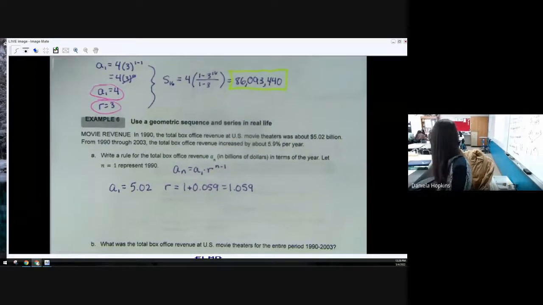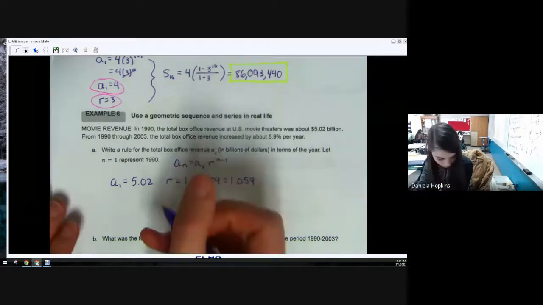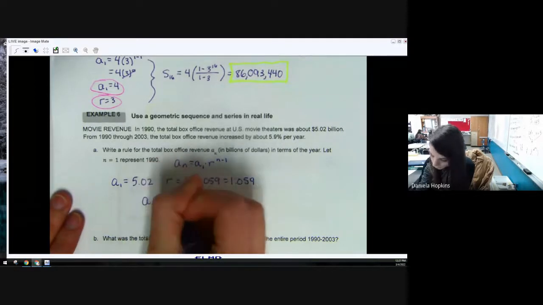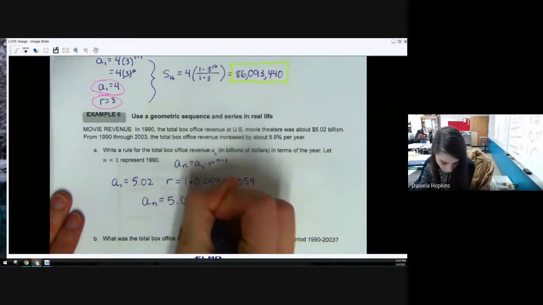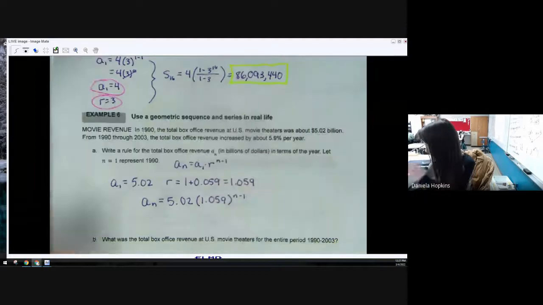This is going to be our growth formula. Do you guys recognize that from chapter 4 or 3, I don't remember, where you did the compound interest rate and appreciates and depreciates? You had A equals P times 1 plus R to the T, kind of. This is what this is. So any sequence term would be that initial amount times 1.059 raised to the n minus 1.